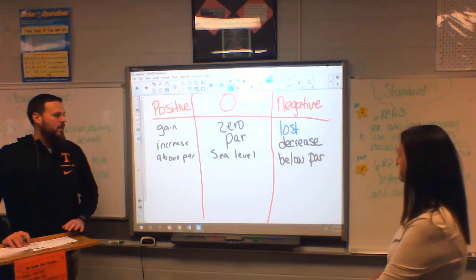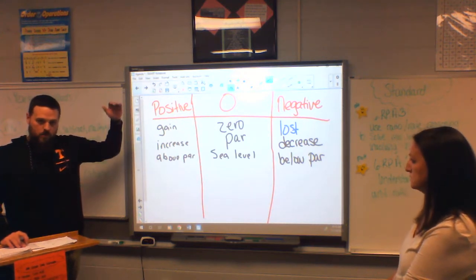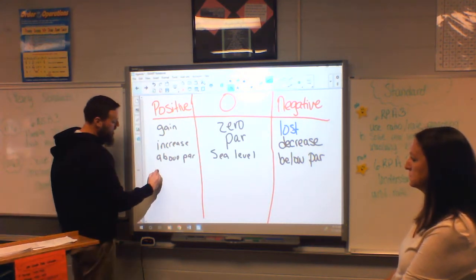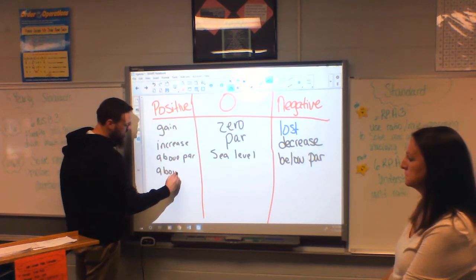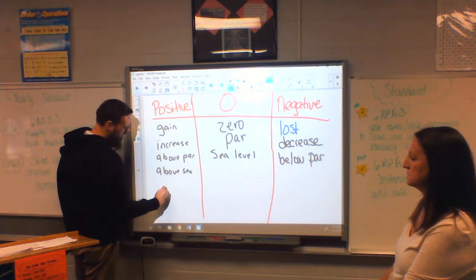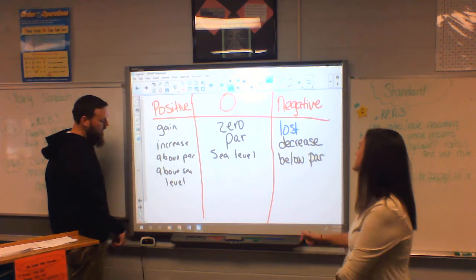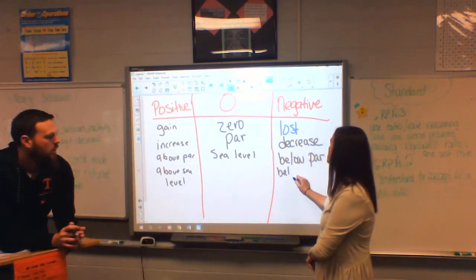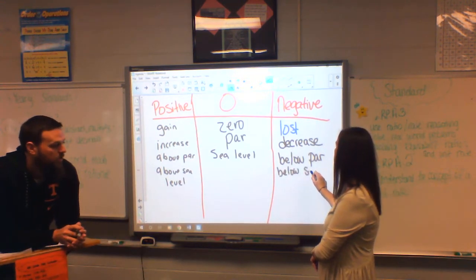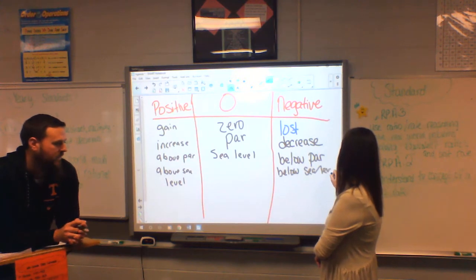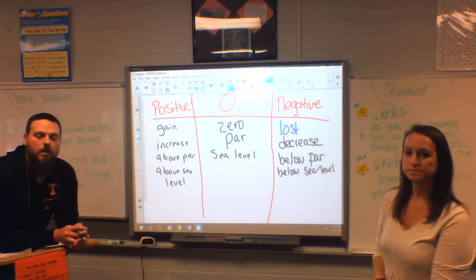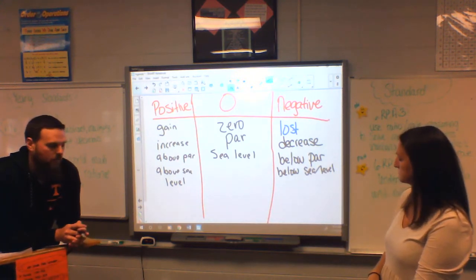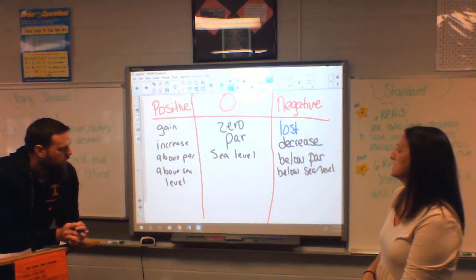On the positive side, if you're up on a mountain, you're obviously above sea level, so that will be a positive number. And if you start scuba diving and go down to see the fishies, you're technically below sea level, so you're at a negative.